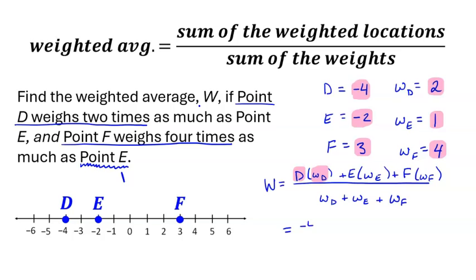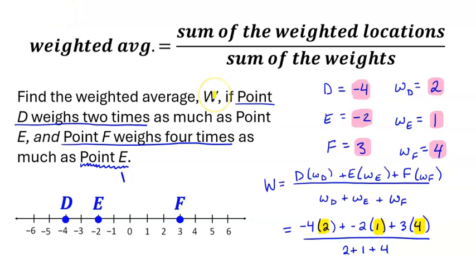All right, so we've got -4 times 2 plus -2 times 1 plus 3 times 4. And then we're going to add all of the pieces that we put in our parentheses. So all of my weights are going to be what I'm adding up at the bottom, like that. All right, and so with this as well, notice that we've got a positive and a negative right next to each other.